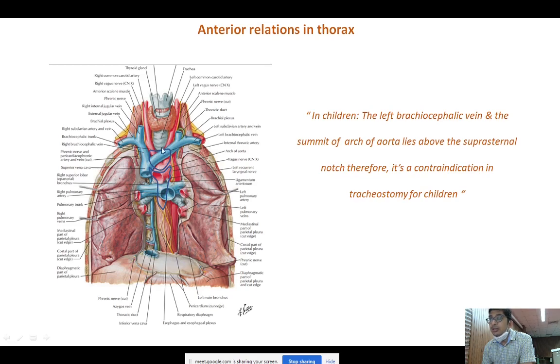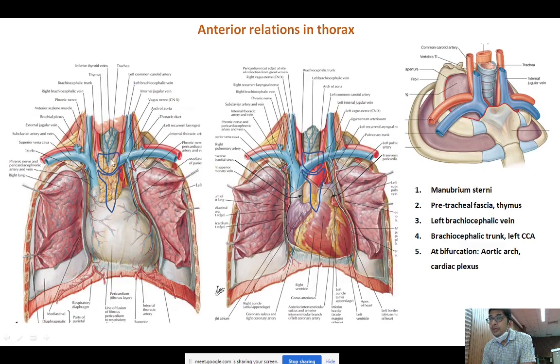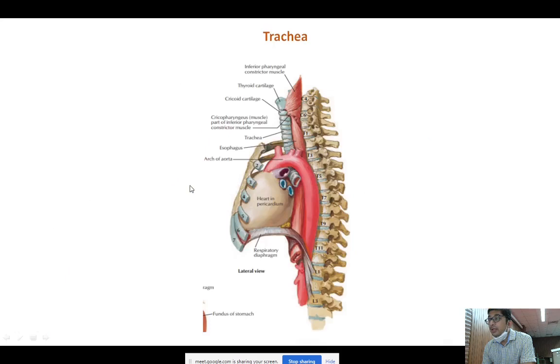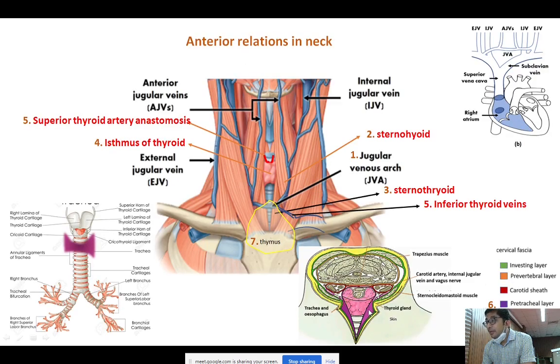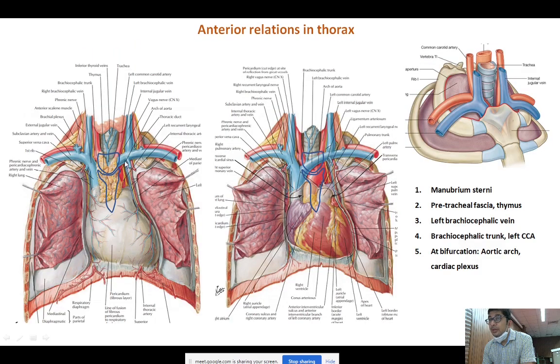So in the thorax, the manubrium sternum. Just posterior to the manubrium sternum, what we have seen earlier, the pretracheal fascia. Just posterior to it, in the thorax, this yellow thing having two lobes is the thymus gland. Just posterior to the thymus gland, the brachiocephalic vein, which side? The left side.